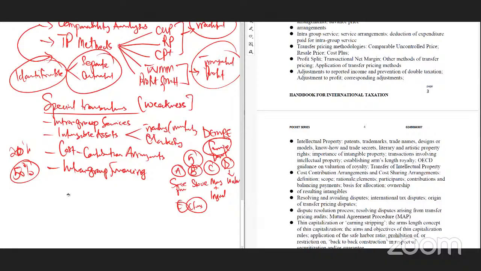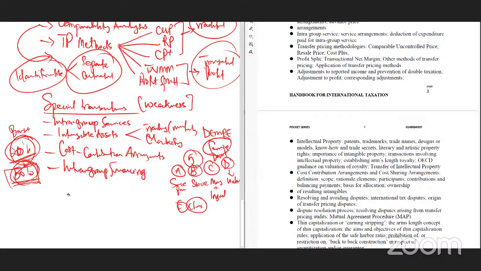If Bank of Ghana says everybody should charge interest at 20% and you are charging interest at 50%, is it reasonable? Is it at arm's length? No, it is not, because this is the basis we use, and you are charging beyond that. So you are not meeting that criteria.